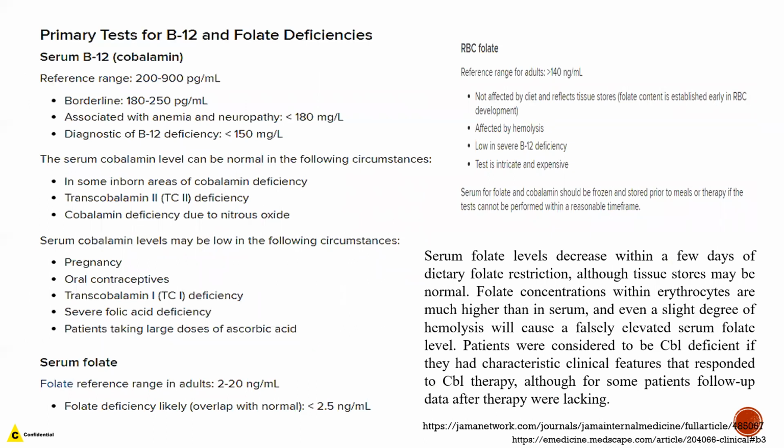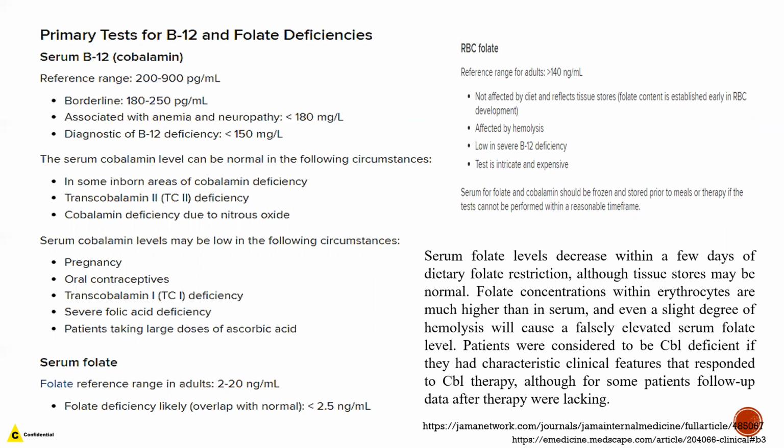There are several tests for vitamin B12, serum folate, and RBC folate that can be used to evaluate the levels of these active substances. Serum folate levels decrease within a few days of dietary folate restriction, while tissue stores may be normal.